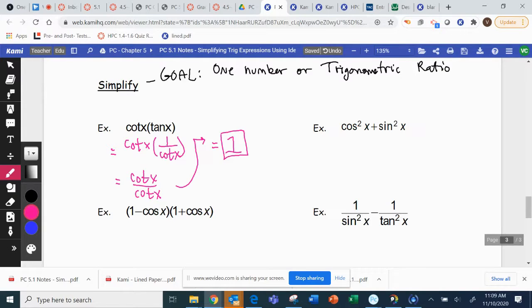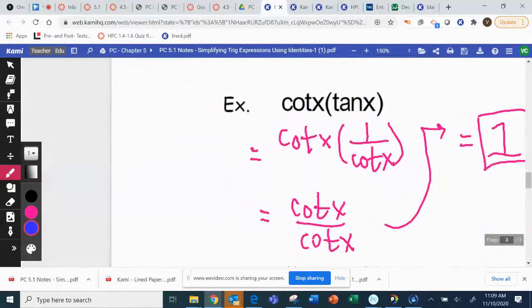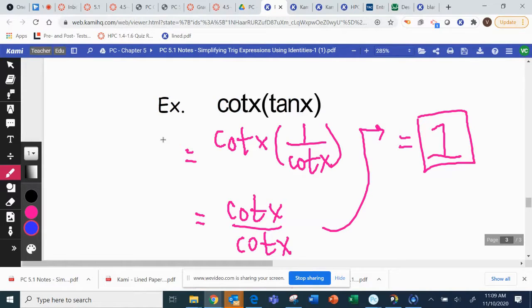Yes? Could you also just switch the... Yes, and let's do it that way now. Okay. So this is not the only way you could do it. So Anthony, you said make cotangent into cosine x over sine x and make tangent into sine x over cosine x.